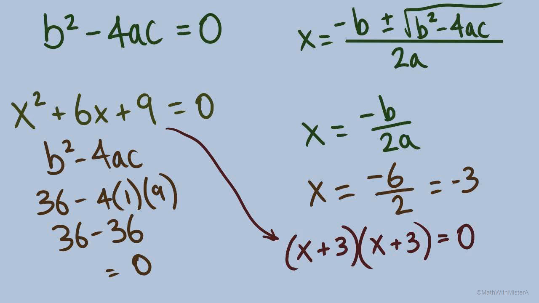What we can do is think about solving this one by factoring. If we factor, we see that we have x plus 3 as a factor twice, so that when we solve each one, we would get x equals negative 3, and we would get x equals negative 3 again. So from one perspective, we could say that we really still are getting 2 solutions.